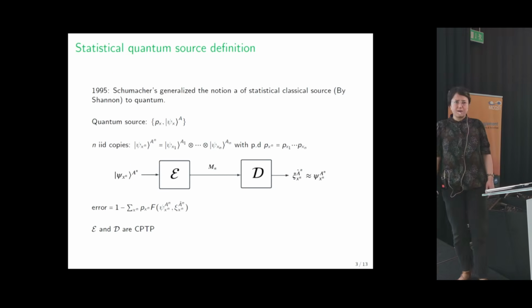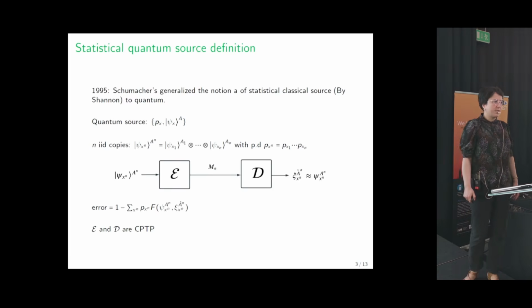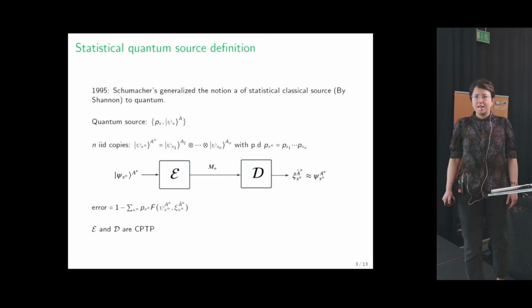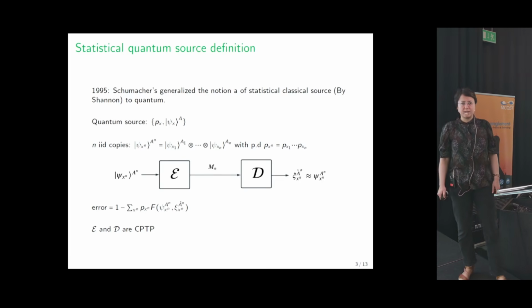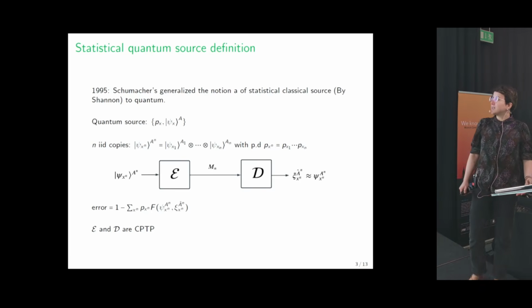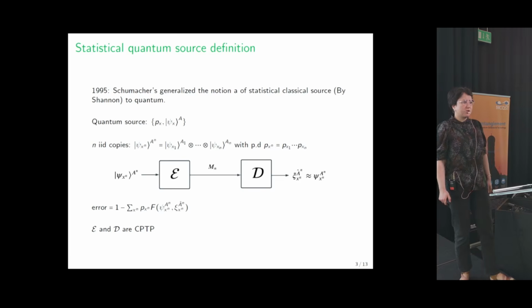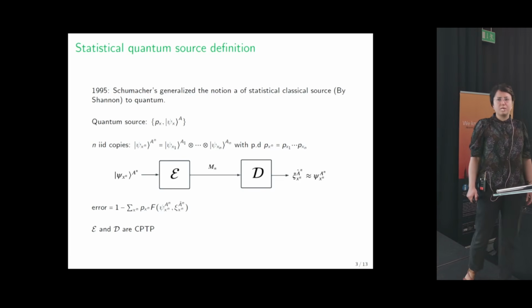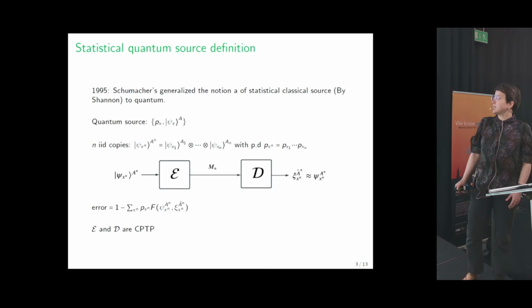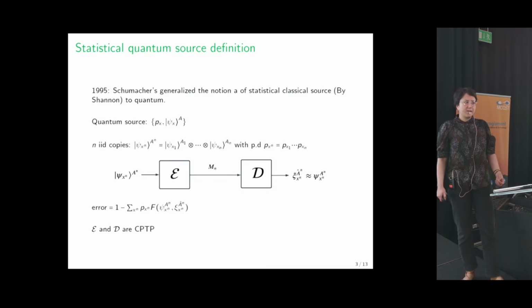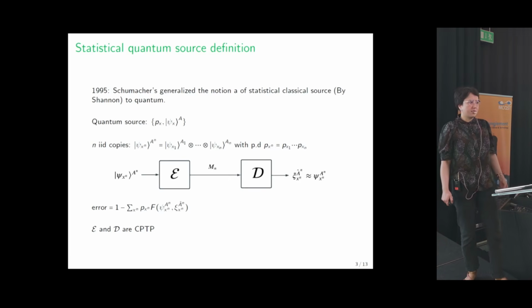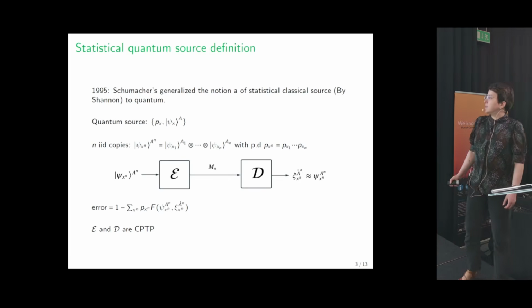Okay, then let's talk about quantum data and quantum data compression. Quantum data compression was initiated by Schumacher in 1995, and basically he generalized the notion of statistical classical data defined by Shannon to the quantum case, and studied the optimal compression limits for this quantum data.